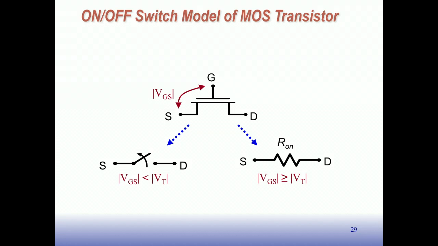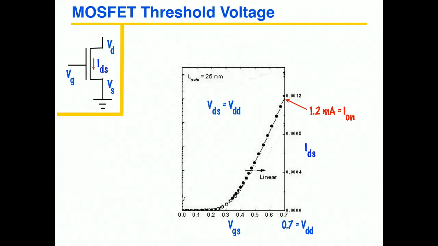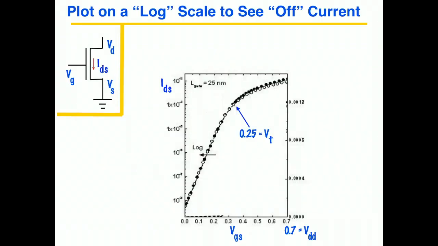We can see that if we take this plot I had earlier, which was the current through the device as a function of the gate voltage. It's hard to see what's down here, but if we plot this on a log plot, then we can see it better. A log plot will expand things out for us. So that's the log plot version of that one. And what we can see is there's a y-intercept here.